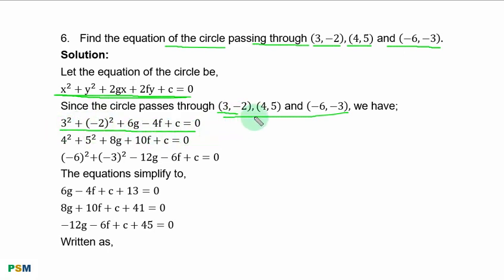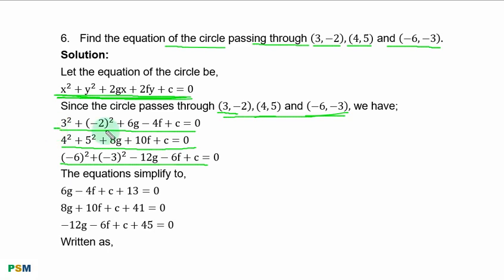You take the second point, x equal to 4, y equal to 5. In the same equation, you have these results. You take the third point with x equal to minus 6, y equal to minus 3. In the same equation, you have this result.